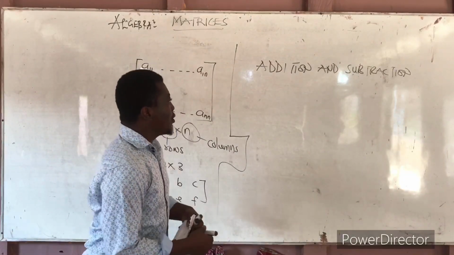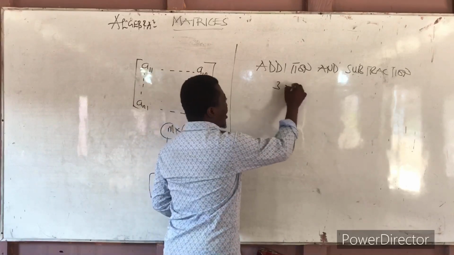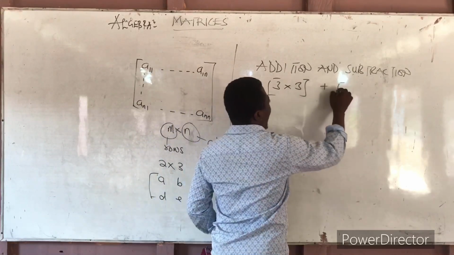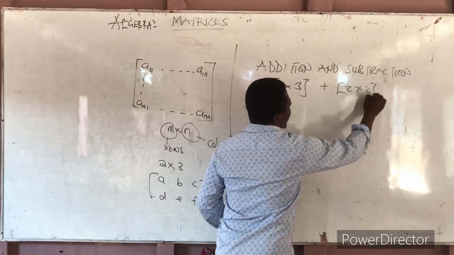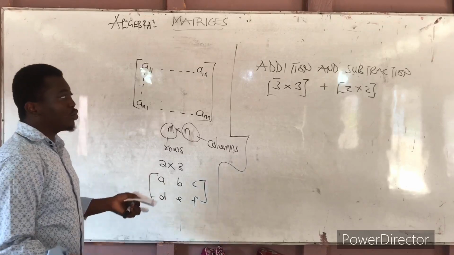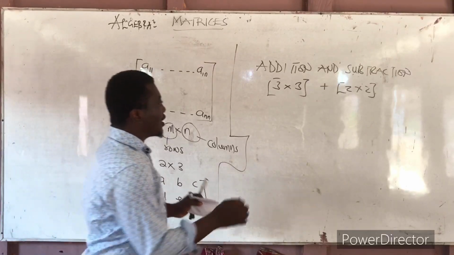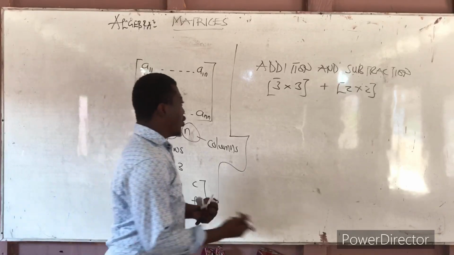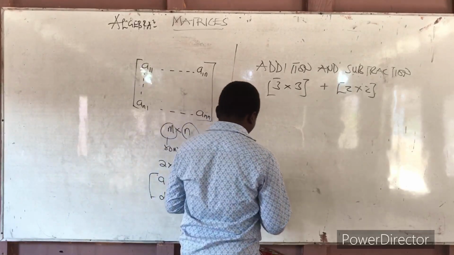I mean, you can't have a 3 by 3 matrix and add it to a 2 by 2 matrix. It is not possible. So before you can add or subtract 2 matrices, you have to make sure that their dimensions are the same.